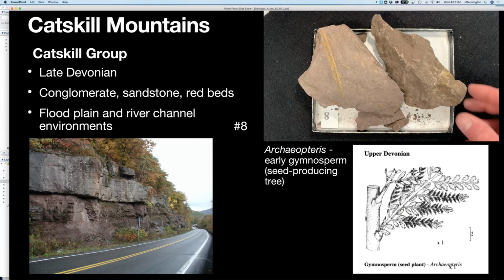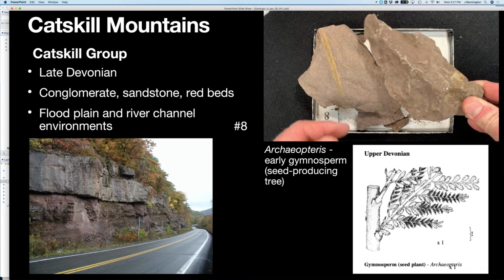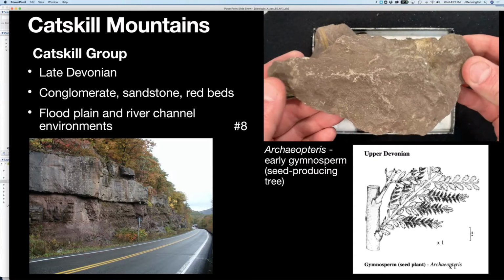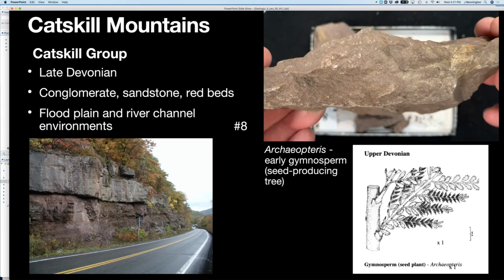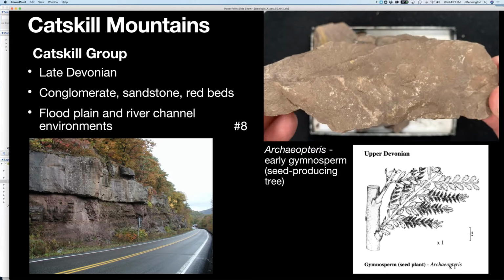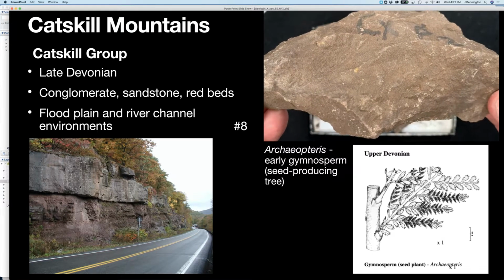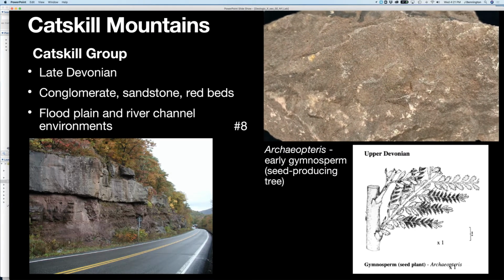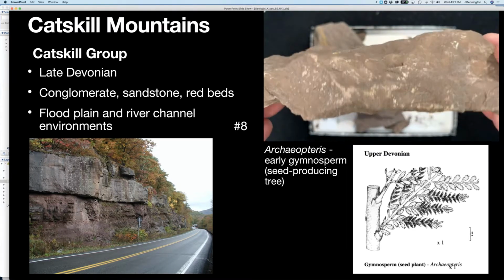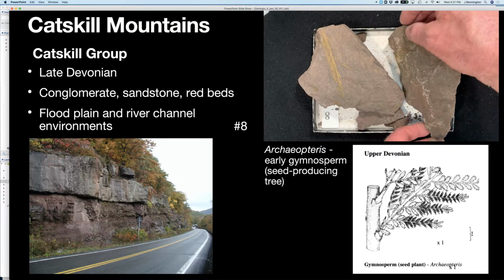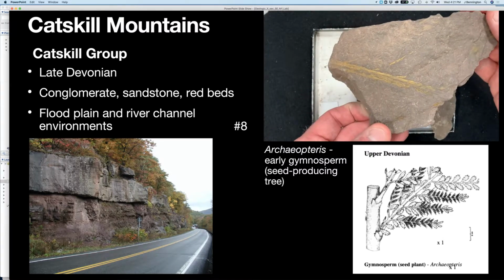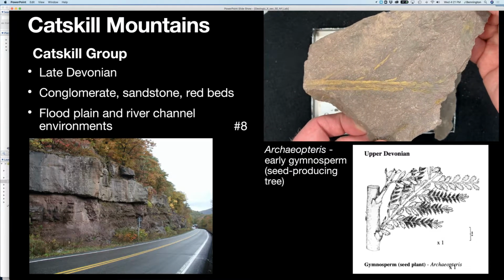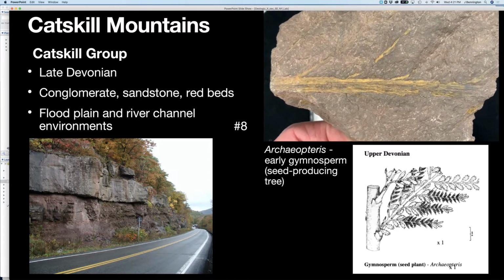Here's a photograph in the lower left that shows what that rock looks like, particularly when you get up high into the Catskills. You see big, thick layers of sandstone, kind of light gray to beige in color, and then these very, very reddish layers of siltstone, sandstone, and shale. These rocks represent river channel and floodplain environments.